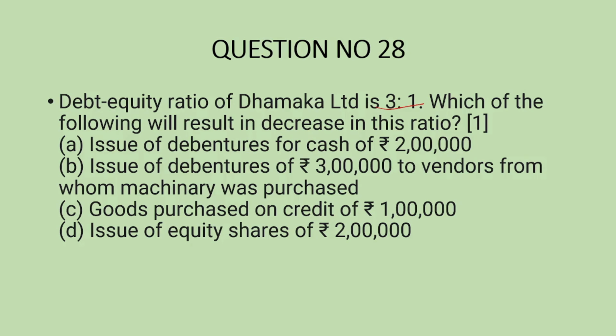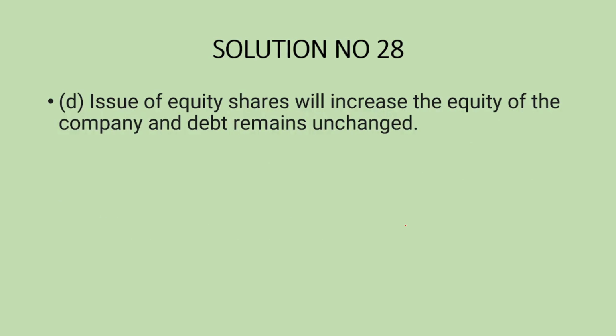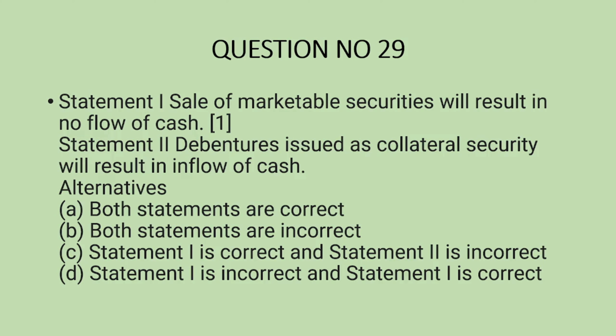Issue of debentures for cash rupees 2,000, issue of debentures worth 3 lakhs to the vendors from whom machinery was purchased, goods purchased on credit of rupees 1 lakh, or issue of equity shares rupees 2 lakhs. The answer will be issue of equity shares, as it will increase the equity of the company and debt remains unchanged.